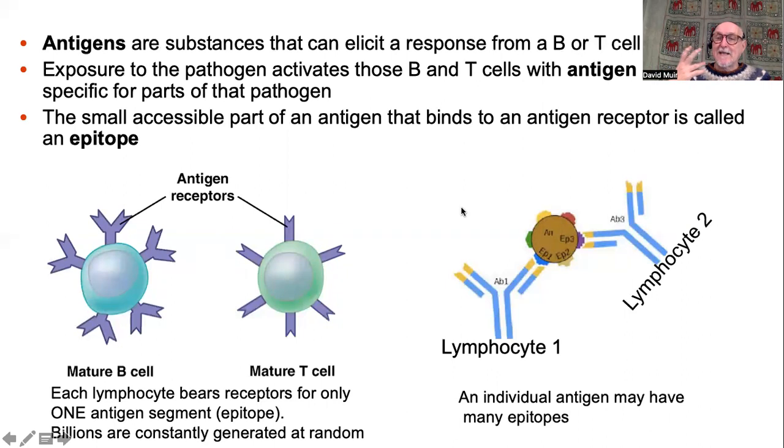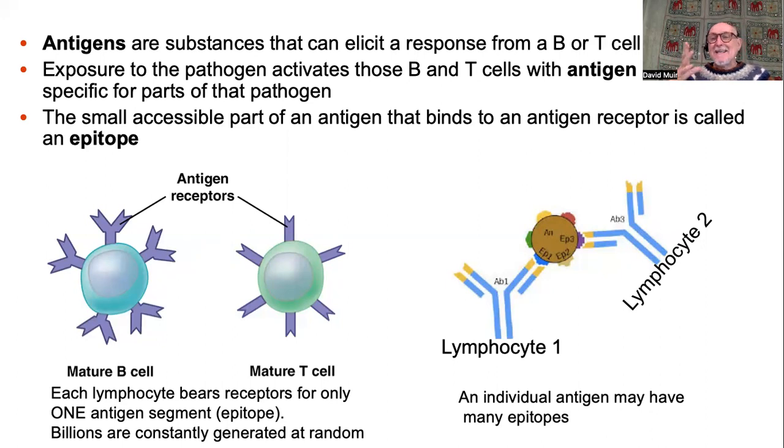We'll tell this whole scenario as a story with a beginning and a middle and an end. We'll define our characters first, and then we'll take them through a plot and see how they interact. The first thing to understand is we've been talking about antigen the whole time.